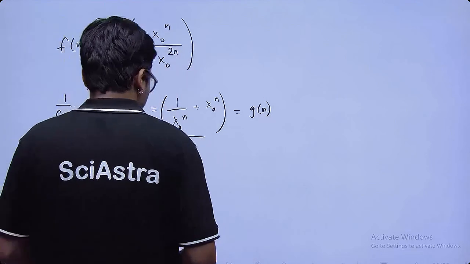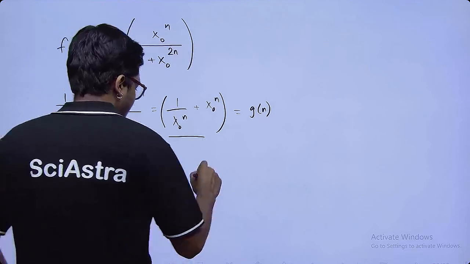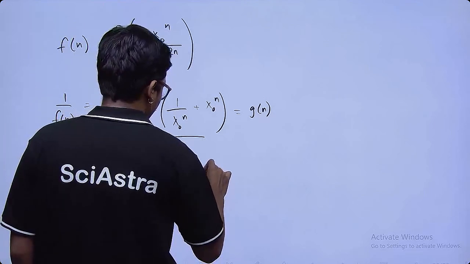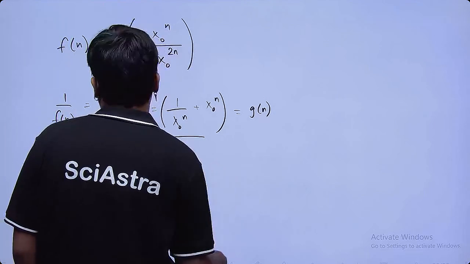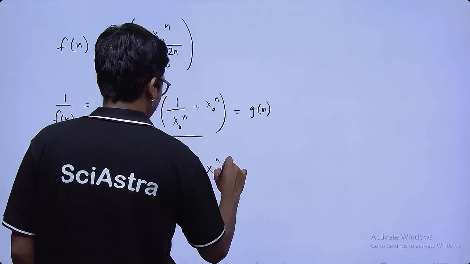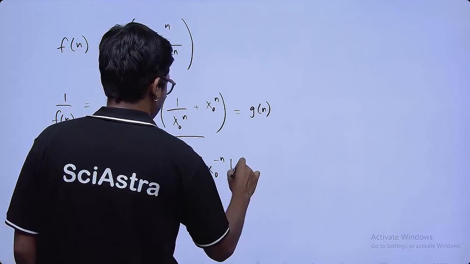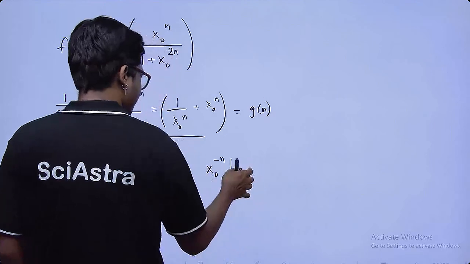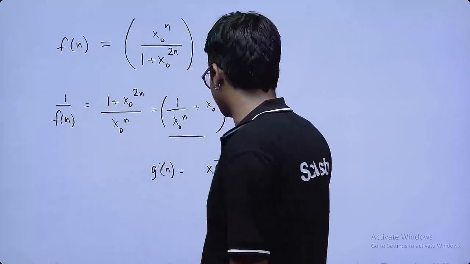The power, it's just going to be the same quantity times log of x naught.